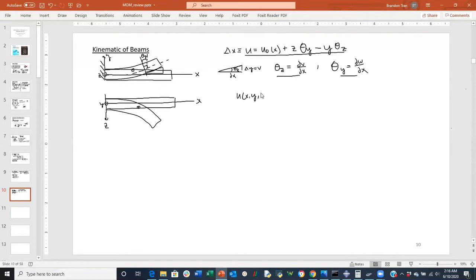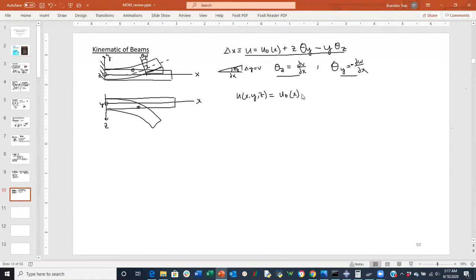The displacement as a function of x, y, or z positions is an equation that is the midplane displacement, okay, my bad, I forgot to put a negative here.